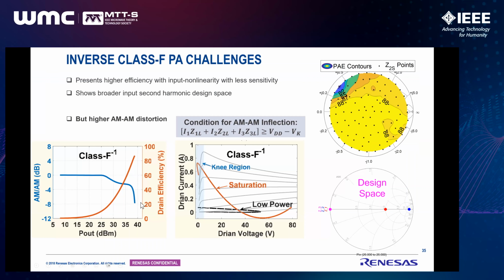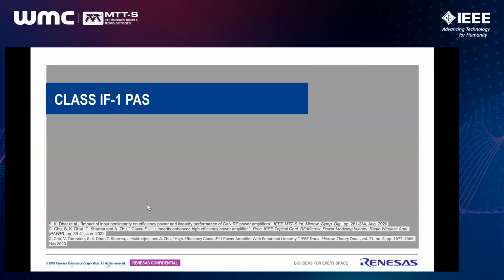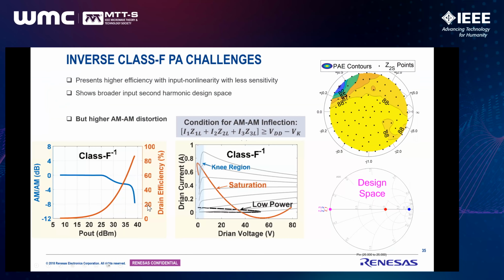So one of the papers actually discusses what the source of it is. The fundamental condition for this AMAM variation is mainly that at the very low power region, because the second harmonic load is open for inverse class F, that means G2L is very high.